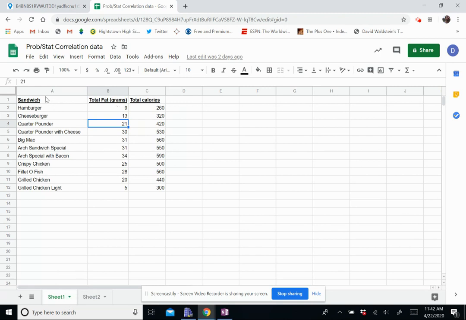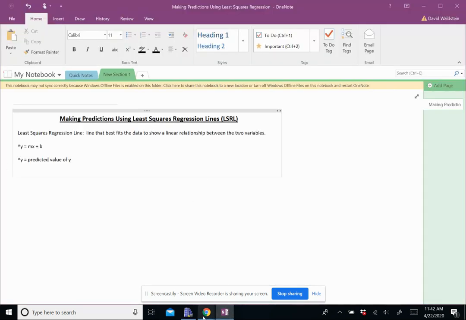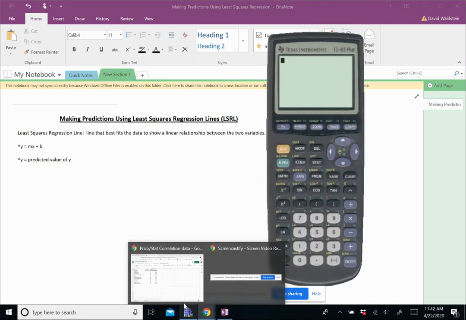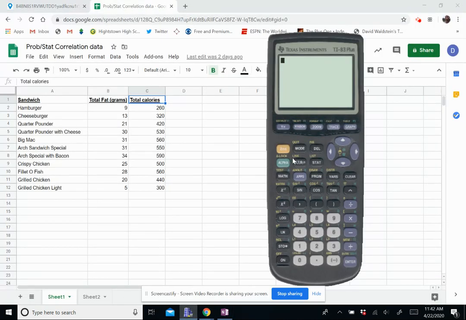Back again are fast food sandwiches, the fat versus the calories. We get the calculator up and put this data in again. It's not going to be too much different than what we did last time, but we're just going to get different information out of it. And then our calories.